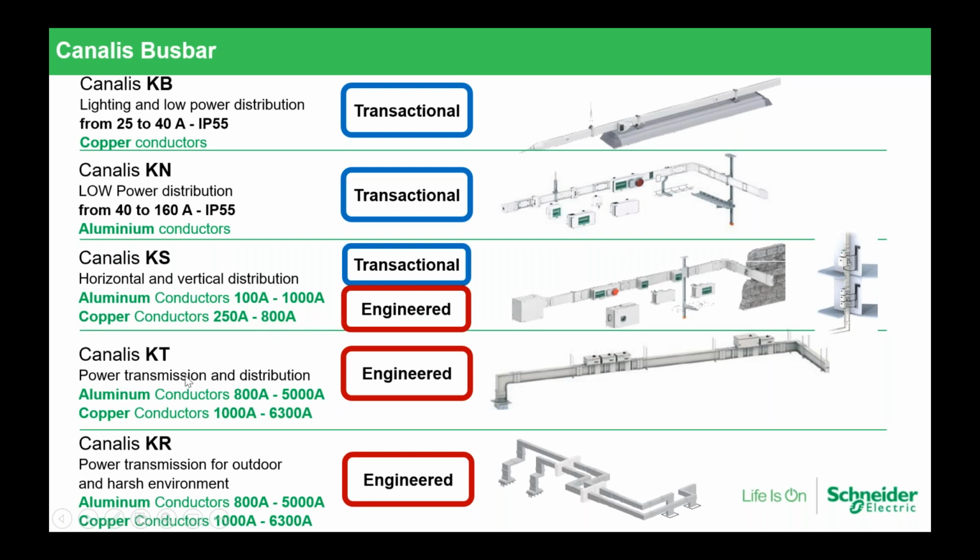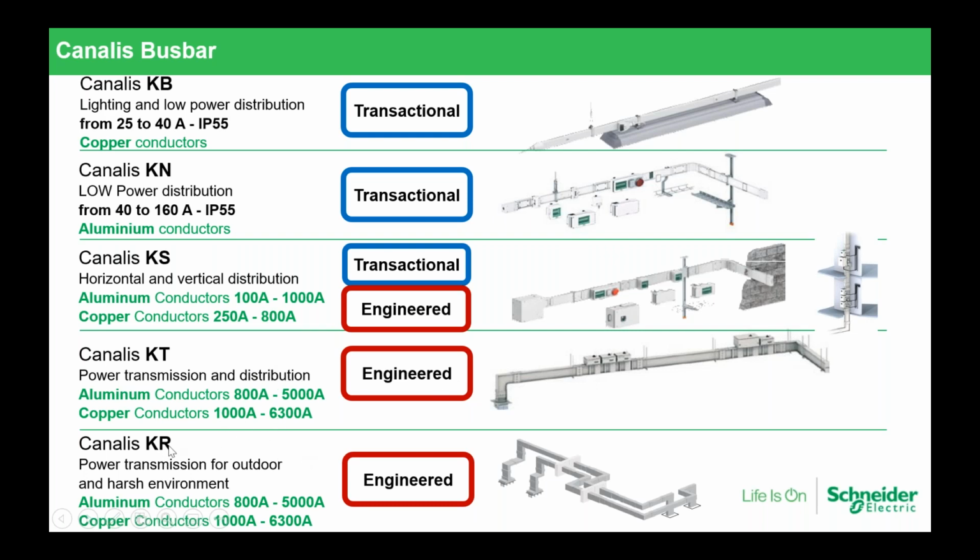And after this we go, as you probably imagine, to the engineered side. So we have Canalis KT, which is the power transmission and distribution offer, aluminum conductors 800 up to 5000 amps, or copper conductors 1000 to 6300 amps. This offer, Canalis KT, is to be used in the indoor environment.